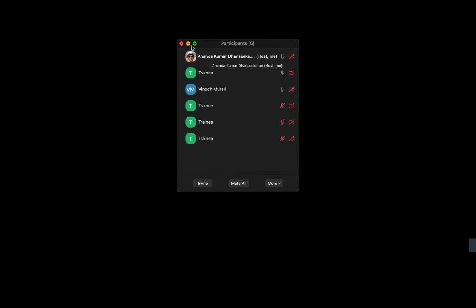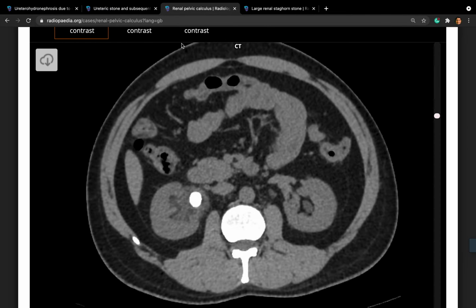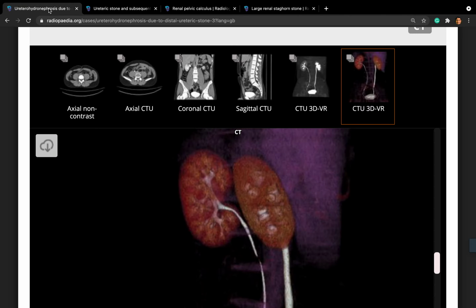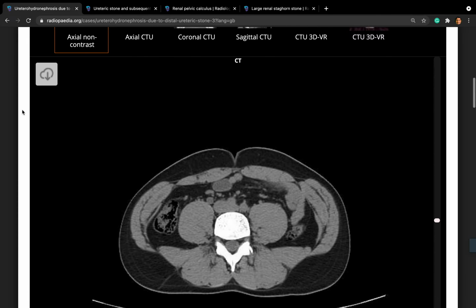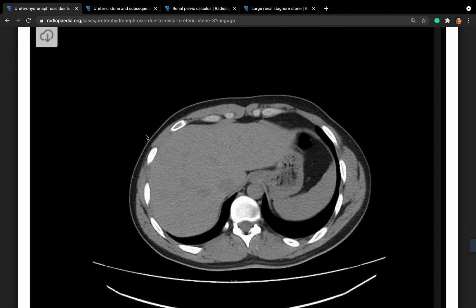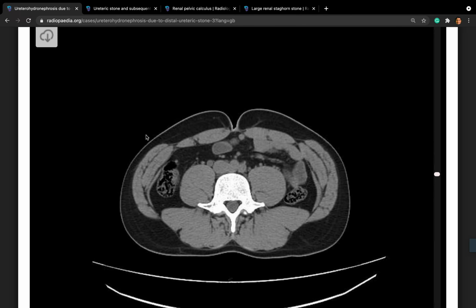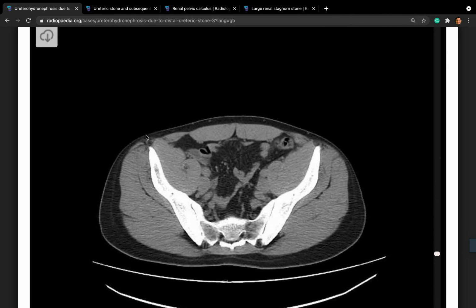So I will see him in the clinic, and I will take a history to find out more information about the pain. I also want to know whether he's got any urinary symptoms, any confirmed urinary tract infections, and whether he's had any history of stones in the past.